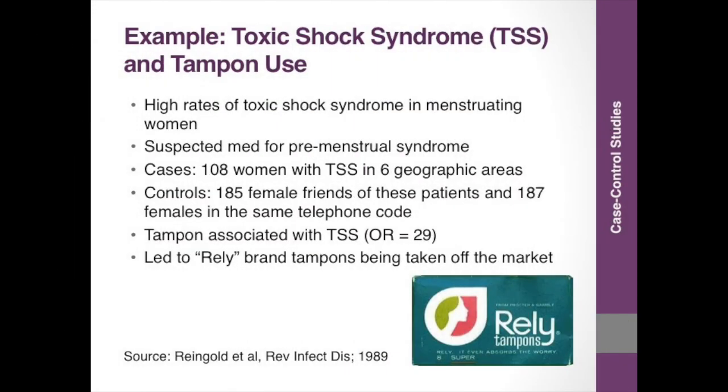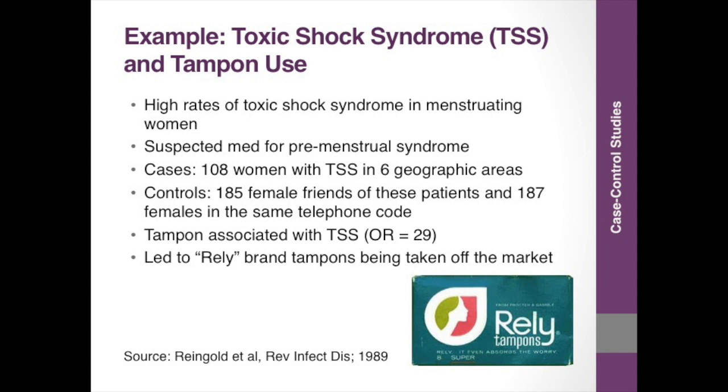A classic example of a case control study assessed the association between the use of tampons and the presence of toxic shock syndrome. In general, toxic shock syndrome was apparently associated with the use of medications for premenstrual syndrome.